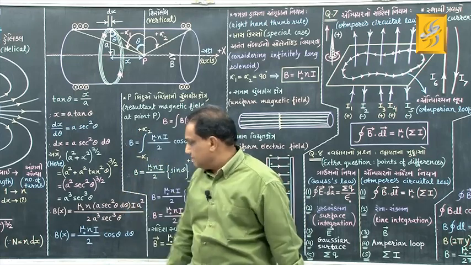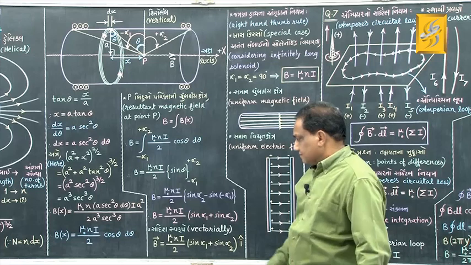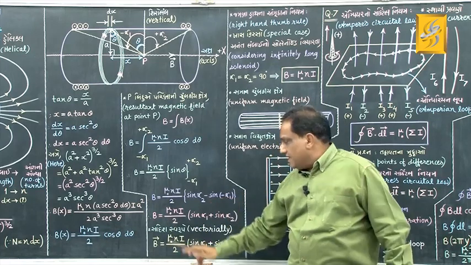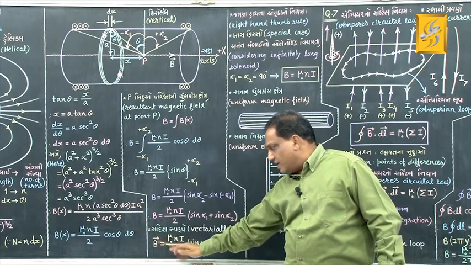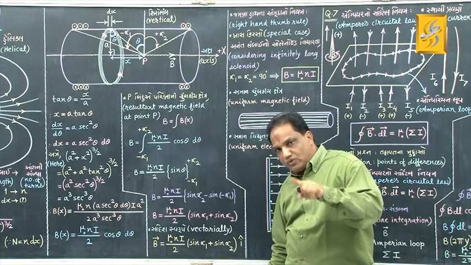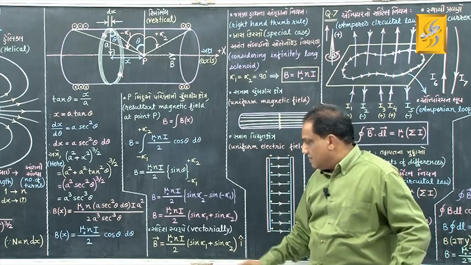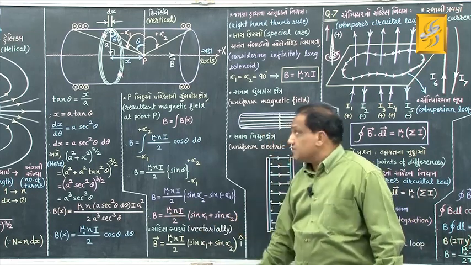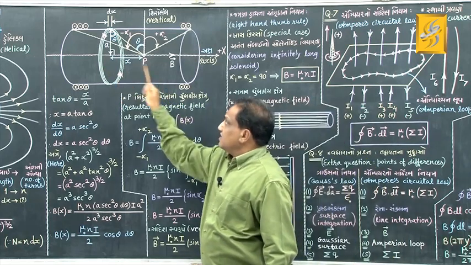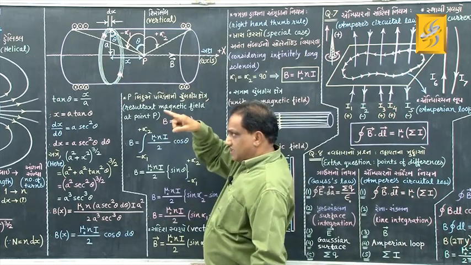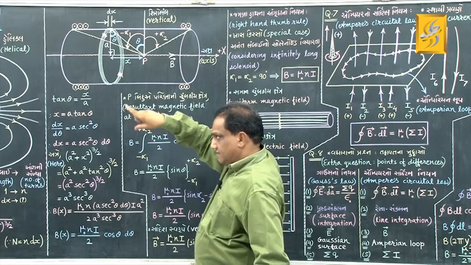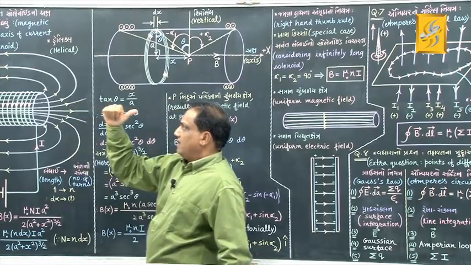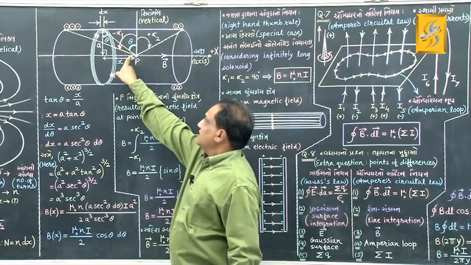Got it? Fine. Now, if you want to write the same formula vectorially, then instead of B you may write vector B. But don't you know, a vector equals magnitude multiplied by unit vector. Magnitude is this much. And what about the unit vector? See, in this present solenoid, when you pass current this way through the entire winding, you are going to have the magnetic field toward the right hand side this way.